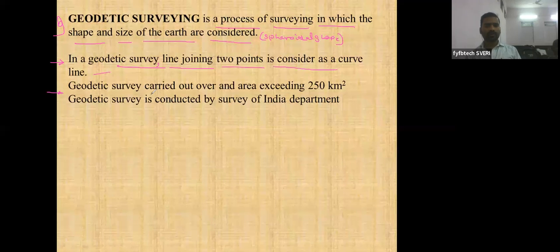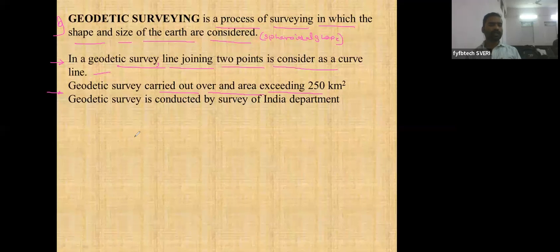Next point. Geodetic survey is carried out over an area exceeding 250 square kilometer.